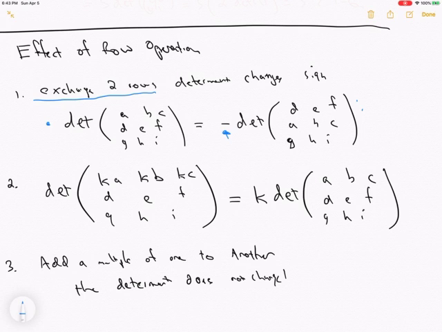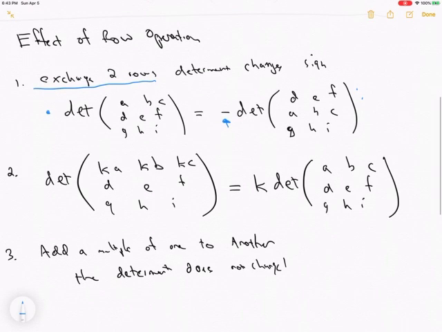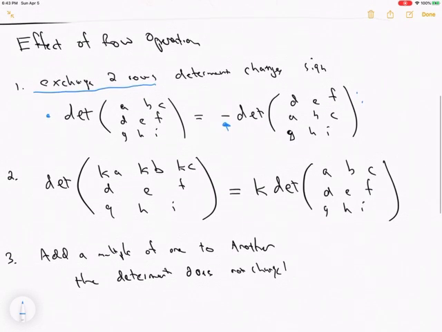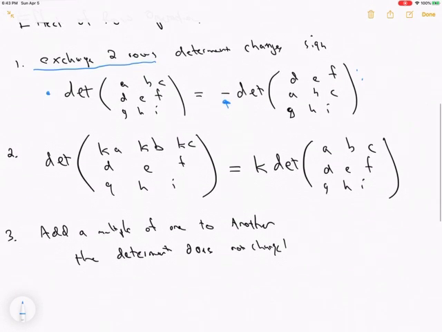The other type of operation you can do is multiply or divide a row by something, and you can ask how that affects the determinant. Here's an example.